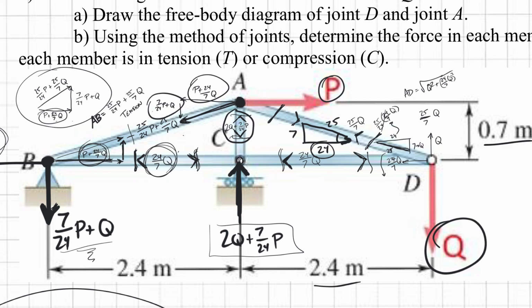Minus 7 over 24P plus Q. And then we've got whatever this one is, which looks like it's the 7 side here, which is just a Q. So it's going to be minus Q equals 0. Does that check out? We've got a negative Q and a negative Q, so those are gone, and this cancels with that, so yes. That's how you can always figure out if you've got this figured out. So this is good.